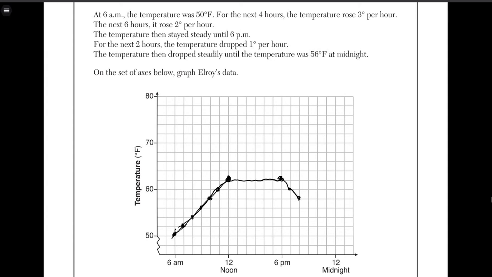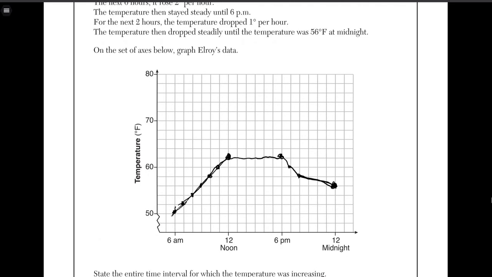And then the temperature dropped steadily until it was 56 degrees at midnight. So at midnight, it was 56. 56 would be at 1, 2, 3, right up here. And midnight over here. And to get this line, you would use a straight edge ruler. Just make it going straight there.